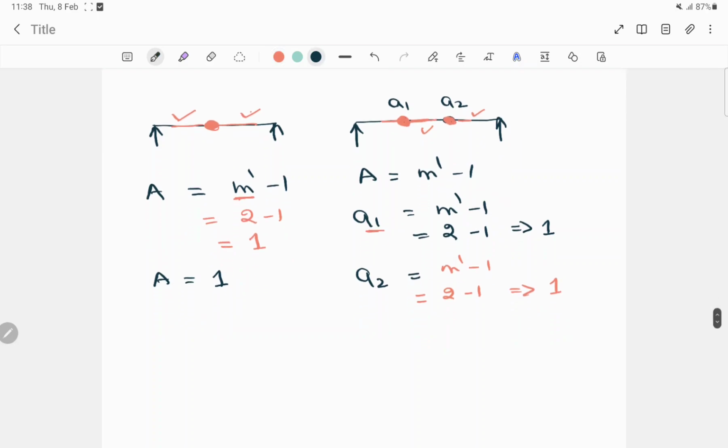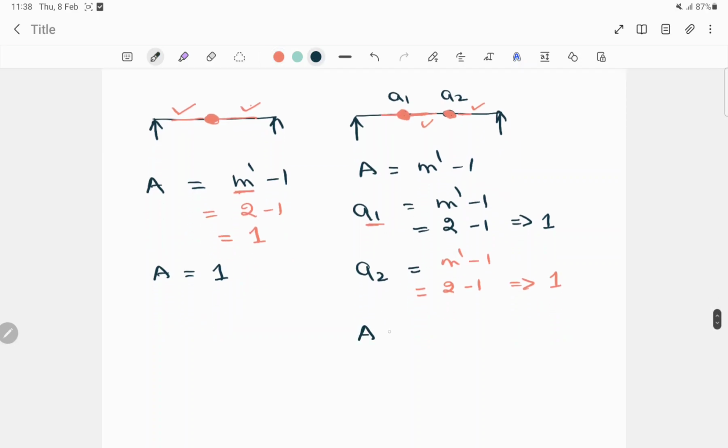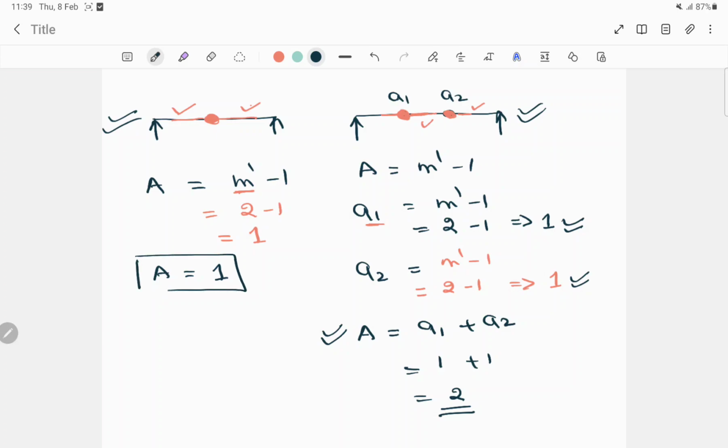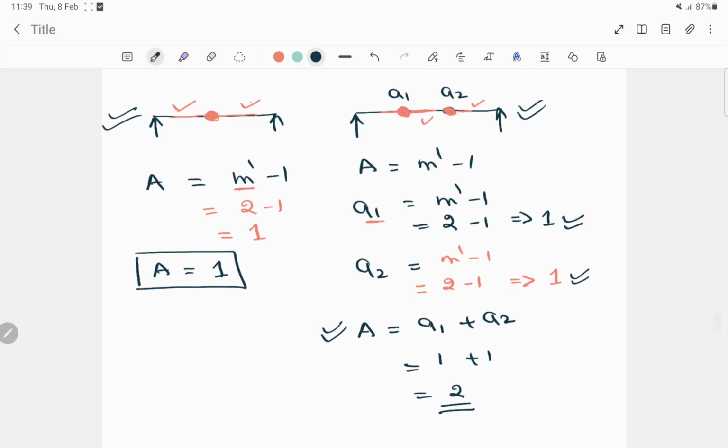Okay, so now what we have to do is, A will be A1 plus A2. So we have a value for A1, that is 1, as well as for A2, that is also 1. So 1 plus 1, it will be 2. So the value of A in this type of beam is 2, and for this type of beam is 1. Okay, so likewise we have to find the value of A.